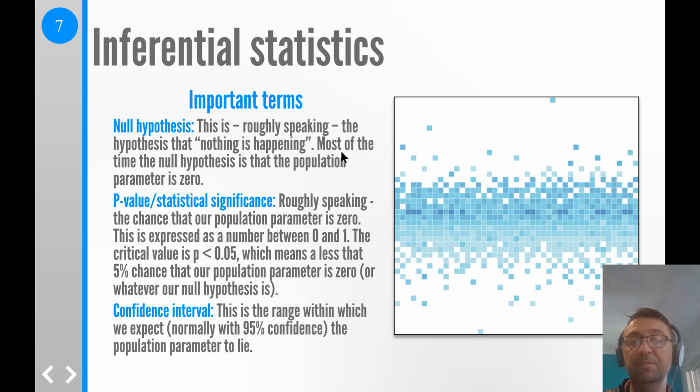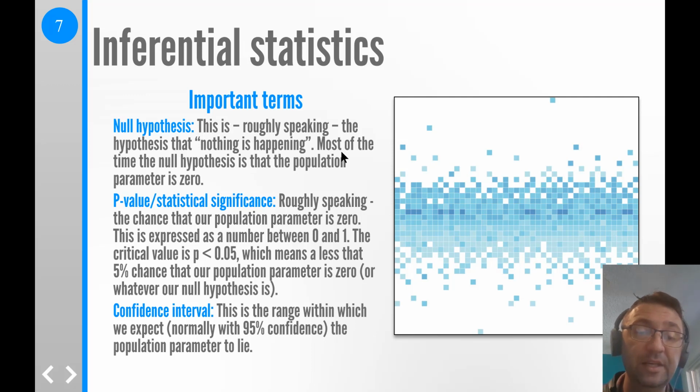This is expressed as a number between 0 and 1, and its critical value is p less than 0.05, which equates to a less than 5% chance that our population parameter is actually 0, or whatever our null hypothesis is, but that's generally it.